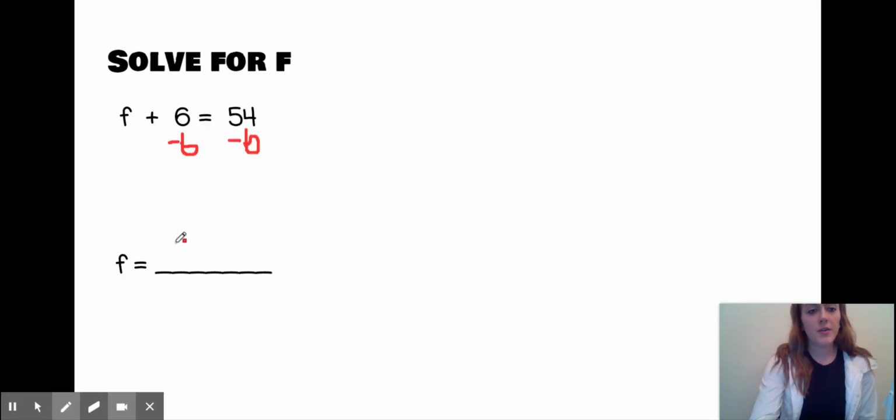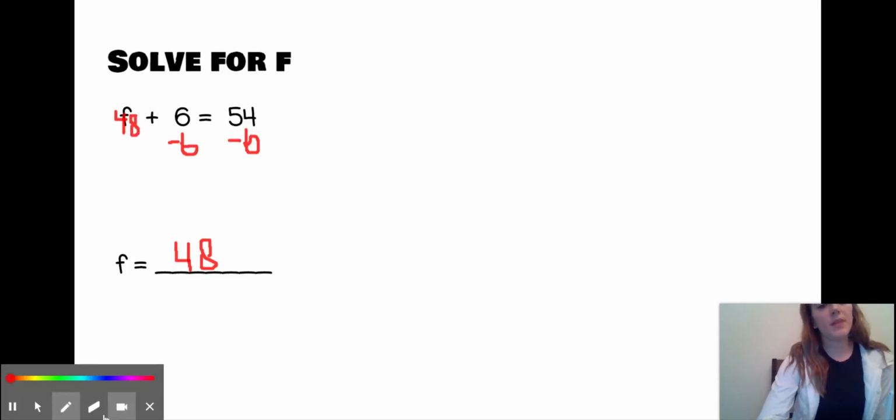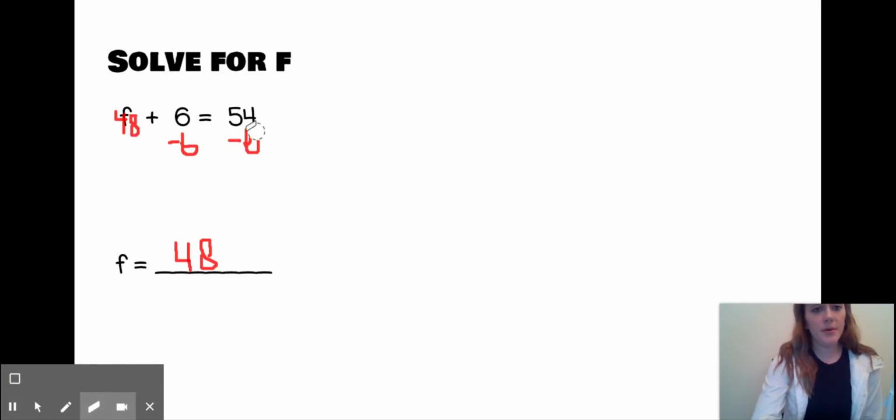Okay, so I know that my answer for f has to be 48. I can double check my work by plugging in 48 into this number sentence for f, adding the 6, and double checking to make sure that it works. Okay, so that is an example of addition, solving with variables.